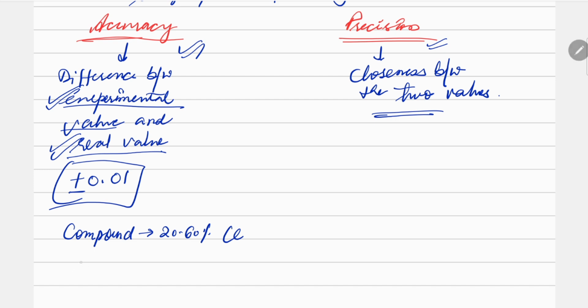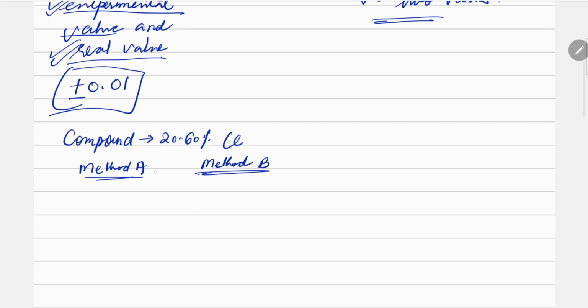Suppose there are two methods, method A and method B, through which we calculate the percentage of chlorine. Suppose from one we get 20.14% and from the other 20.48%.